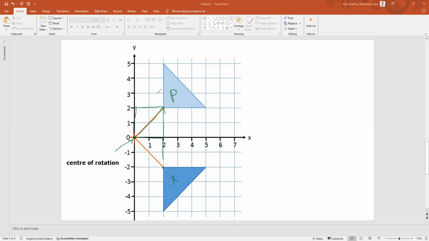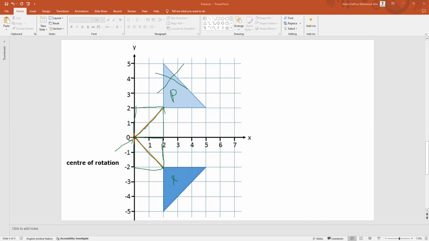So after rotation, the pre-image will not be here. Totally it has come here. If I draw a line between this point and the center of rotation, that line is also confined by four boxes because the distance should be the same. So only the angle is changing.